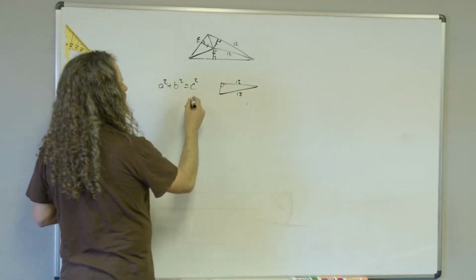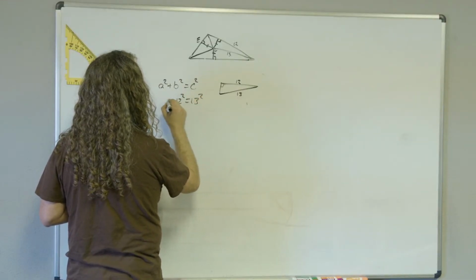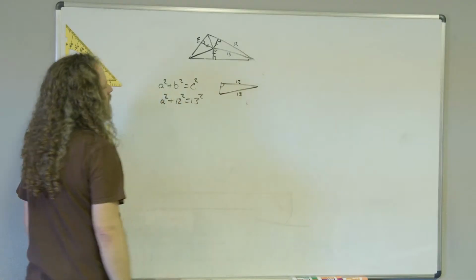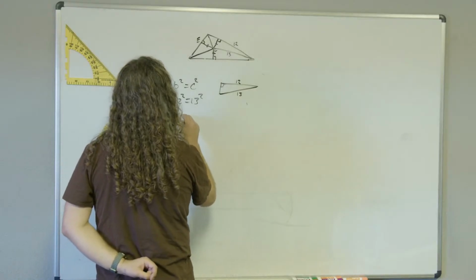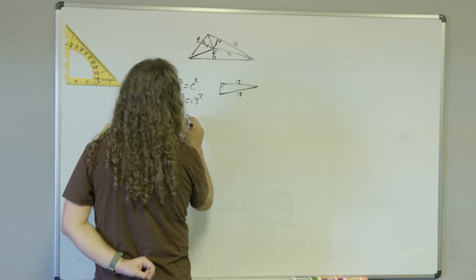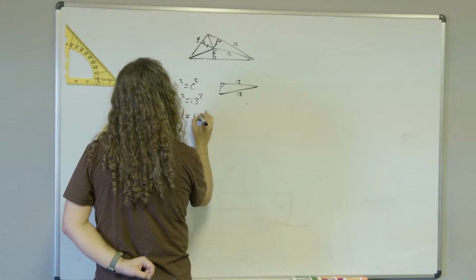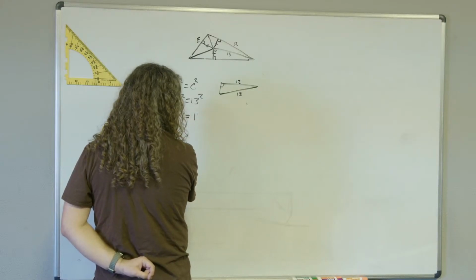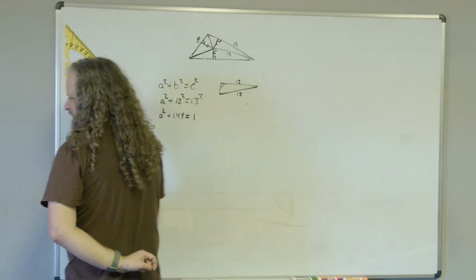So, this is 13. What's 12 squared? 144. What's 13 squared? Y'all have calculators. 169.